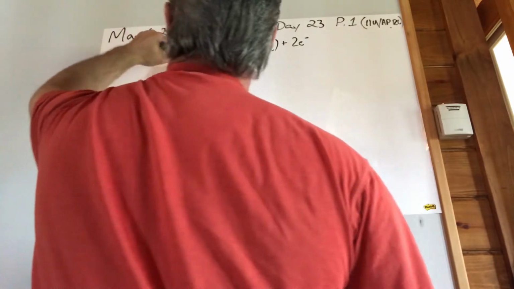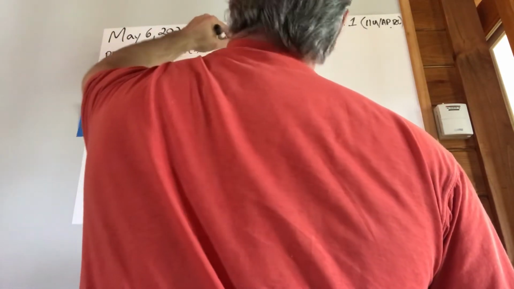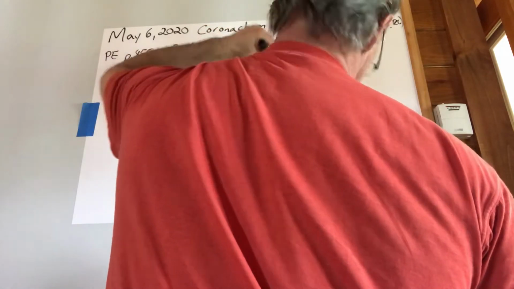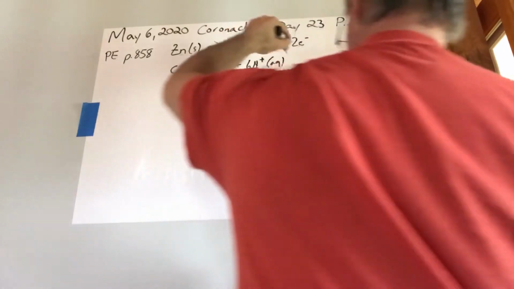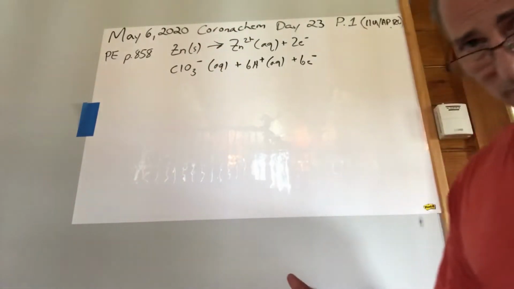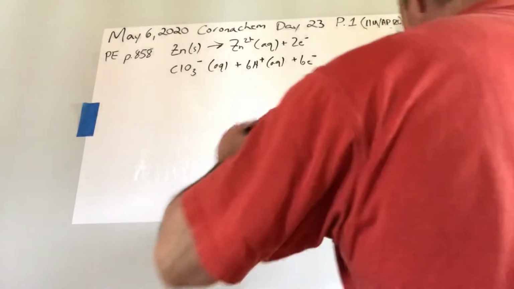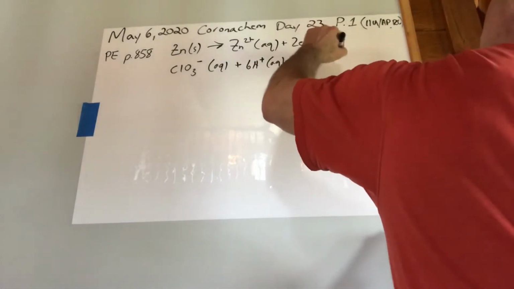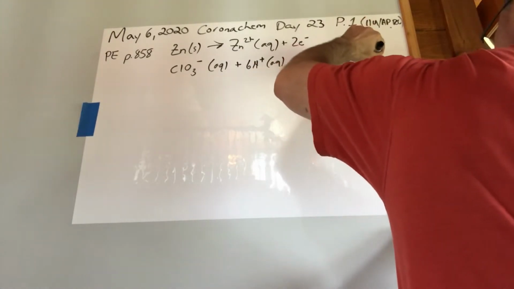And then the chlorate plus 6 hydrogens aqueous. So they've already balanced the equation for you, but what they want you to do is show and explain, I suppose, what it looks like in a cell. So we'll go through all that again if we haven't already done so, but like I said, it doesn't hurt to repeat a little bit.